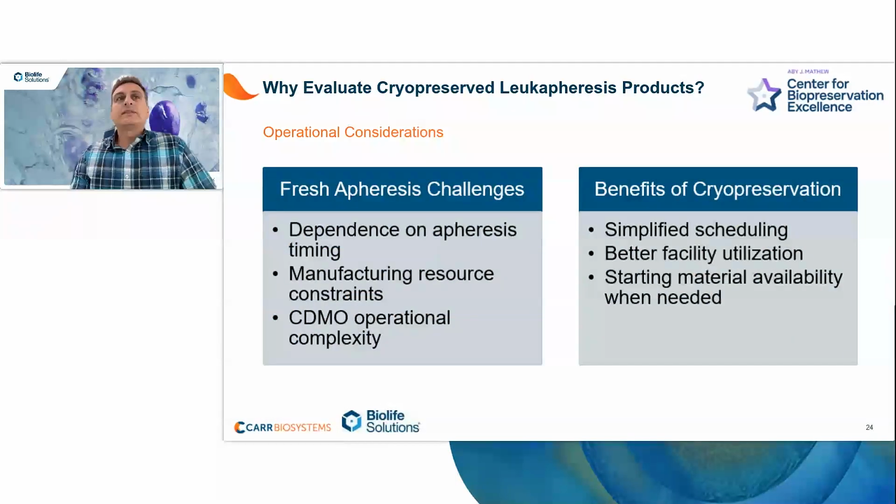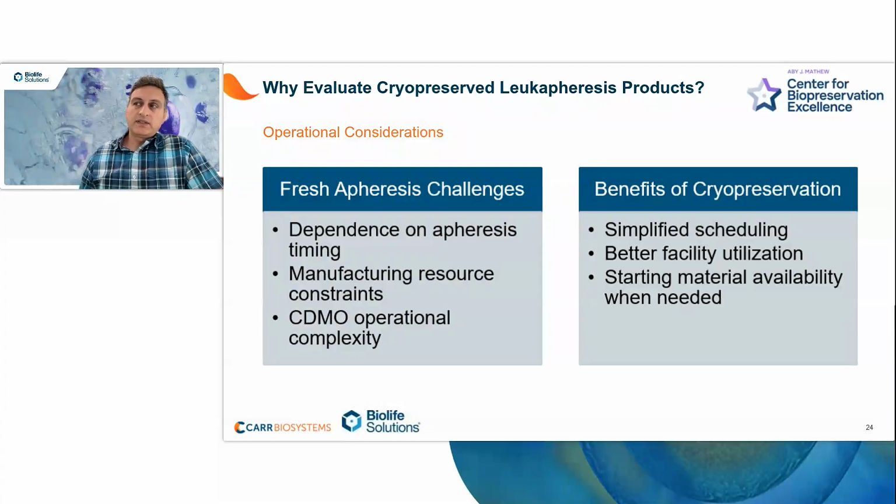So as I mentioned, the goal was to compare starting a process from a frozen material versus a fresh material. In terms of benefits of cryopreservation, we all agree. Cryopreservation essentially buys you time. It stops the biological clock by freezing, so that it gives you time to manage logistics, scheduling, facility utilization, operations, everything like that.